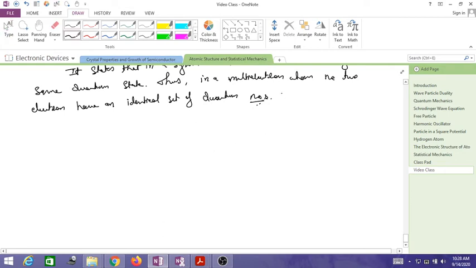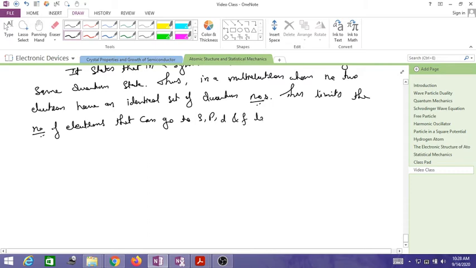So this limits the number of electrons that can go to S, P, D and F levels.